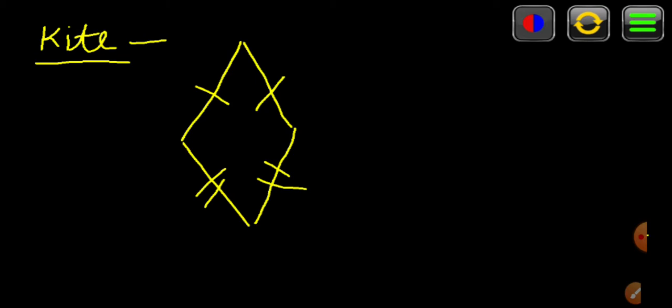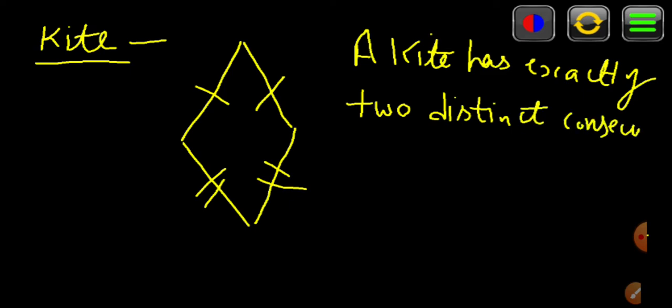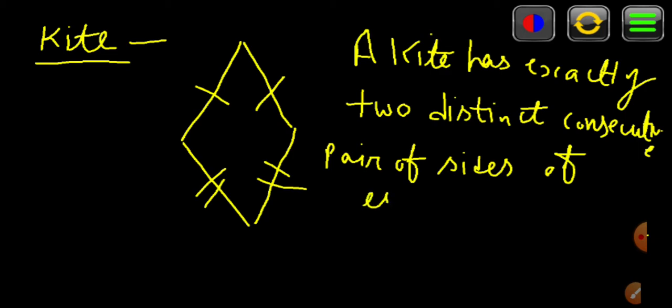Okay, I am writing: a kite has exactly two distinct consecutive pairs of sides of equal length.